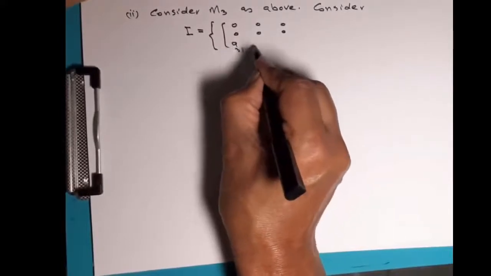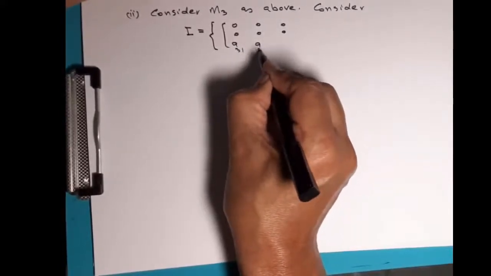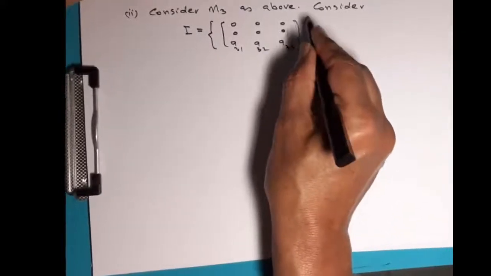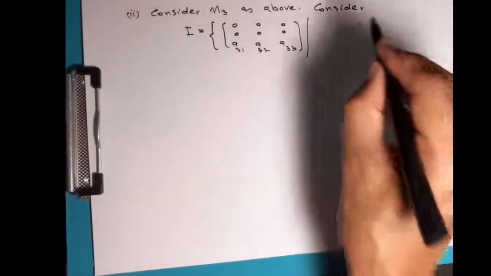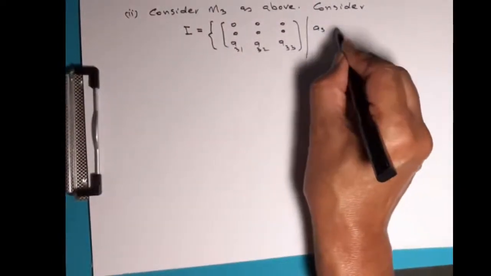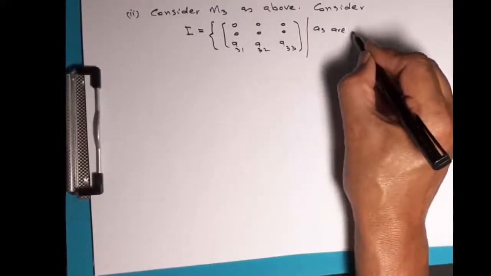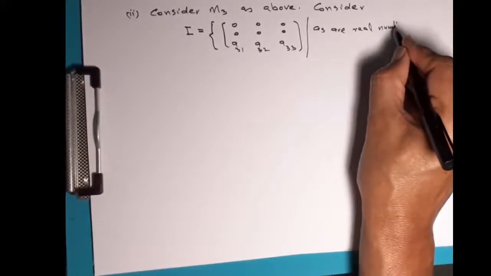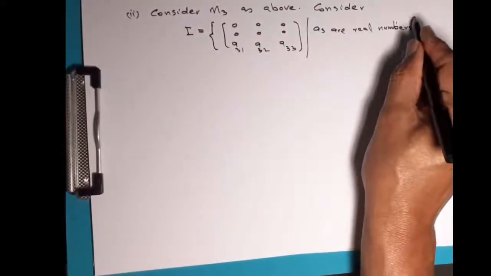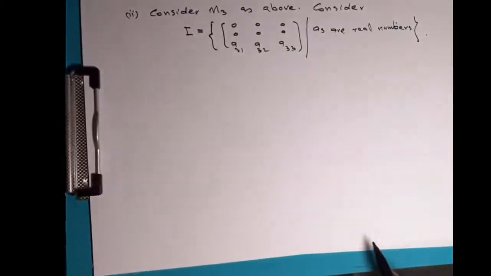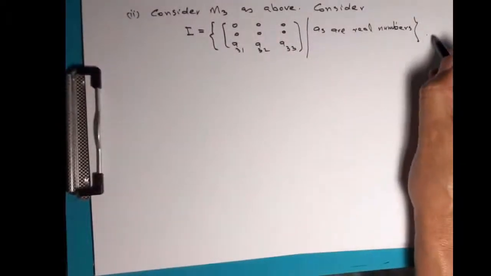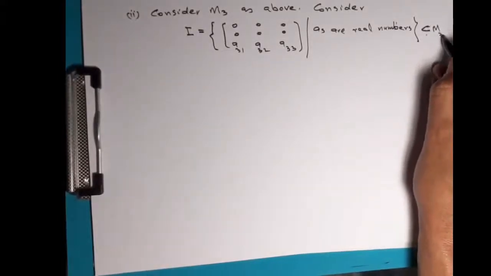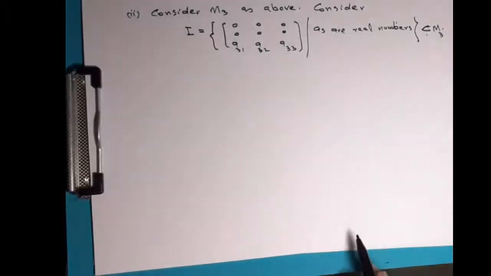So A31, A32, A33, where the A's are real numbers. Having taken this, this is a subset of, in fact this is a subring of M3, as we have noted previously.